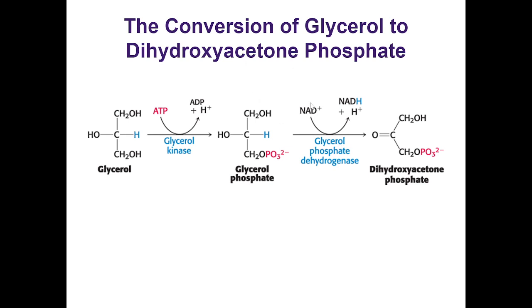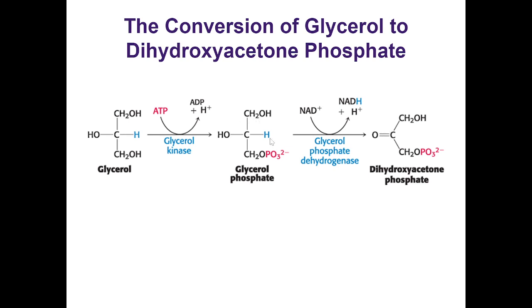The next step is going to be NAD+ going to NADH and H+. This is going to be glycerol phosphate dehydrogenase. What is it doing again? Dehydrogenating glycerol, yeah, meaning stripping some H's off it. This is going to mean you make a carbonyl here in the middle.